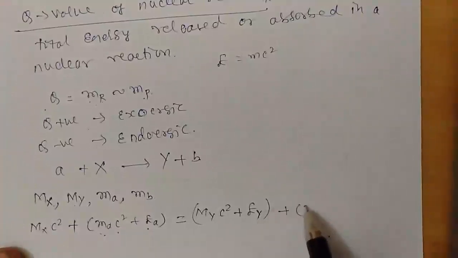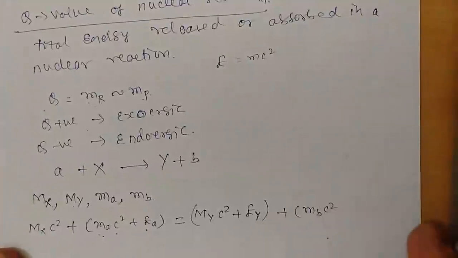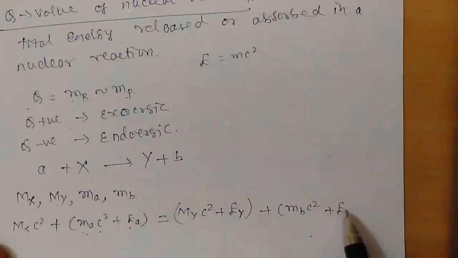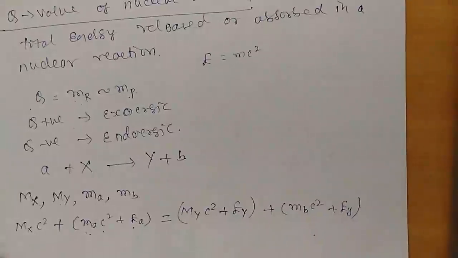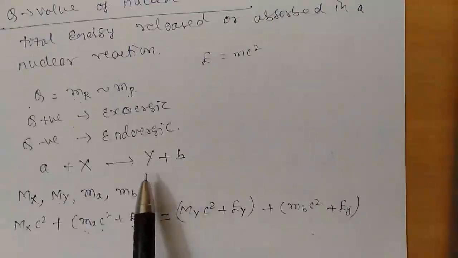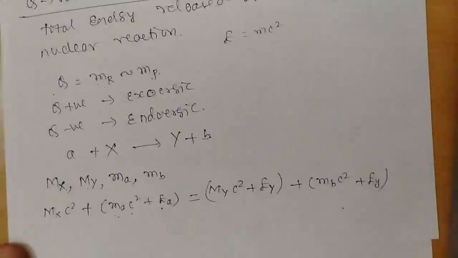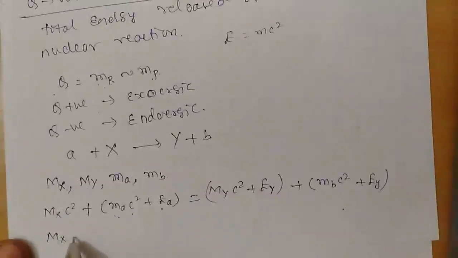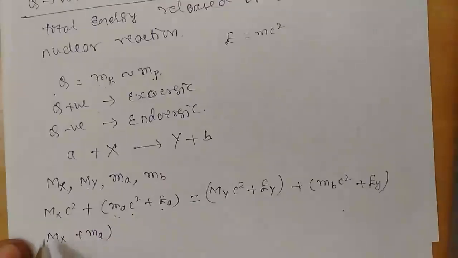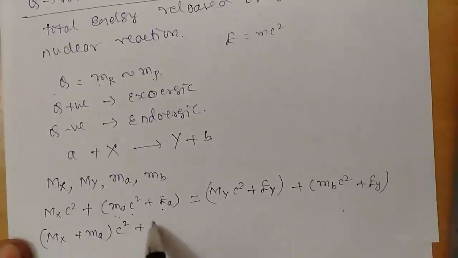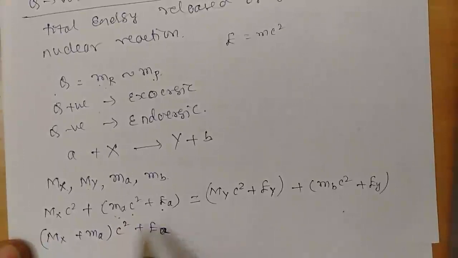After the nuclear reaction, the products that are formed will be moving with certain velocities, that is the recoil velocities. So we have to consider the kinetic energy of the ejectile and also the product nucleus. If I simplify, I get (Mx plus ma) c square plus Ea. Since the target nucleus is at rest, we do not take its kinetic energy into consideration; it is taken as 0.